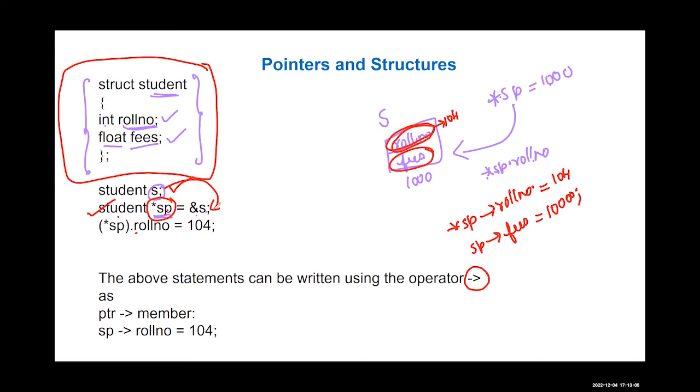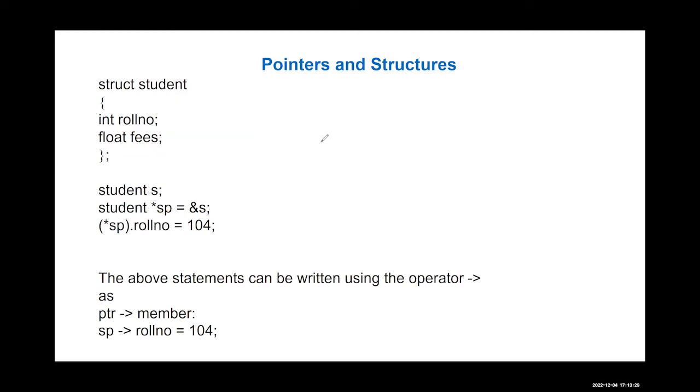That is, you can save the address of this particular object in the pointer variable. Then you are able to access each element of that structure and you can change the value. Okay, and you can directly access each of the elements. If there are more elements also, you can use the arrow operator and then you can access them directly and do the changes. So this is about pointers and structures.